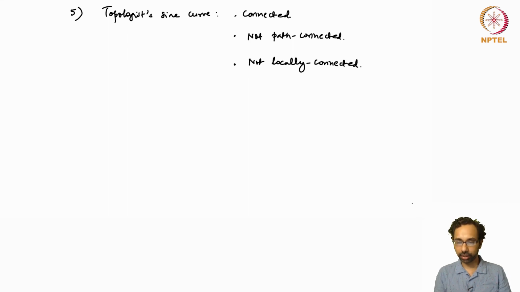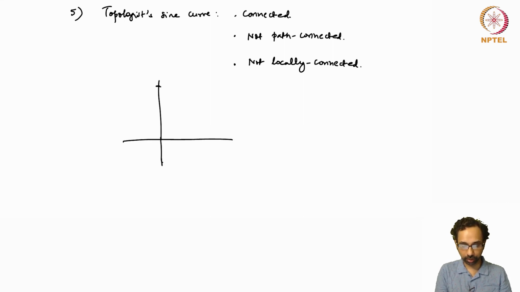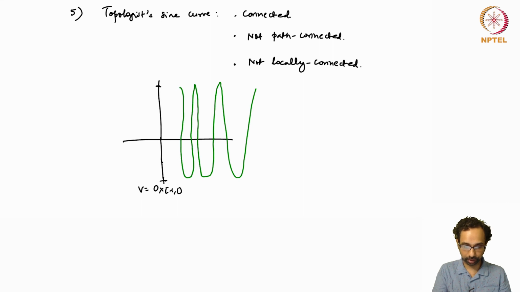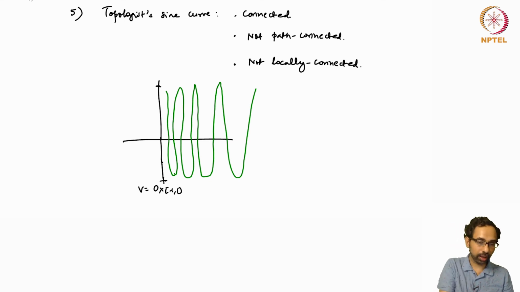So to see that it is not locally connected, we can try to see what happens in the vertical segment that we had before. This is 0 cross [-1,1], which we called V, and then we had the part S, which was just the graph of the function sin(1/x), something like this.